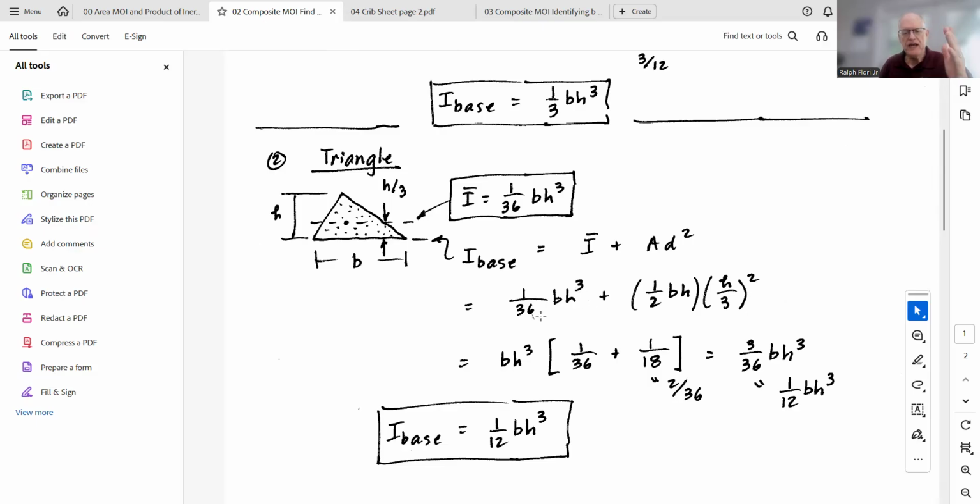We can factor out a BH cubed, and we're left with 1/36 plus 1/18, but the 1/18 is 2/36, so we have 3/36, which is 1/12. So for a triangle, I base is 1/12 BH cubed.